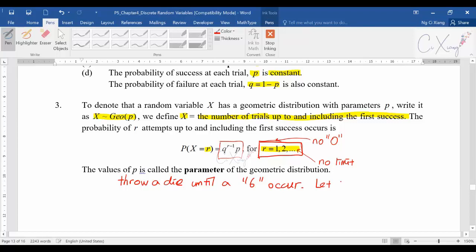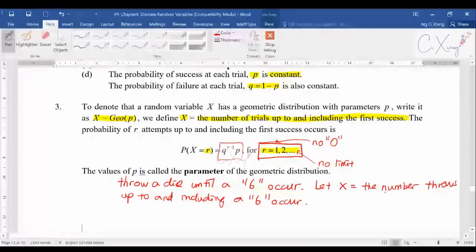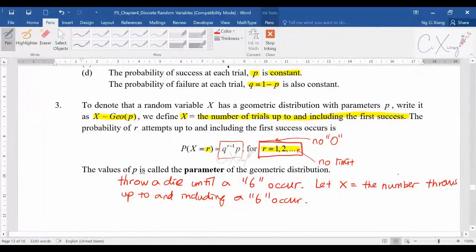So let X be the number of trials, the number of throws, up to and including 6 occurring. So I define my X as the number of throws that I get, up to and including 6 occurring.